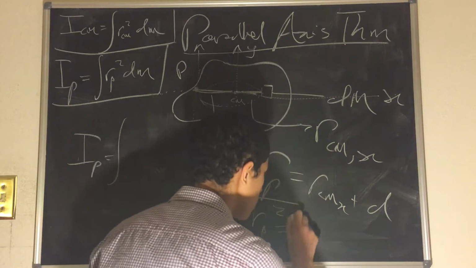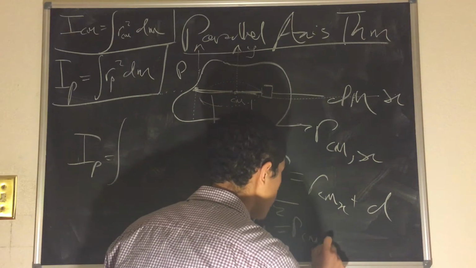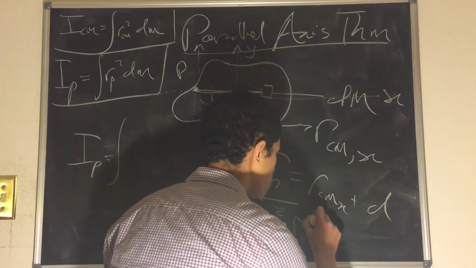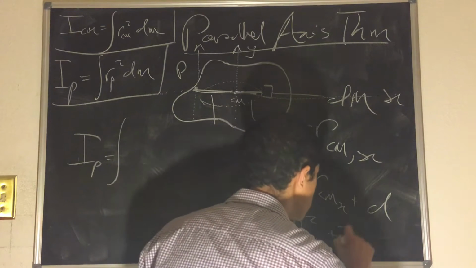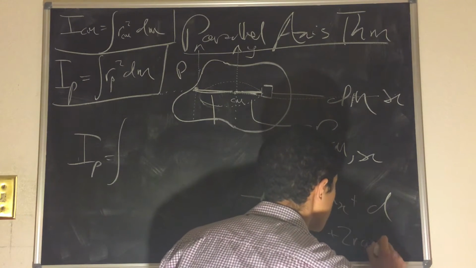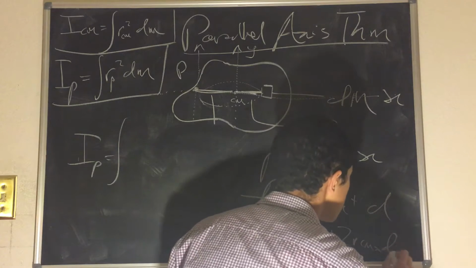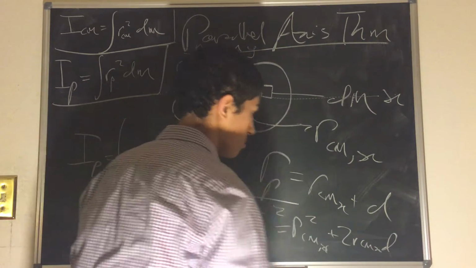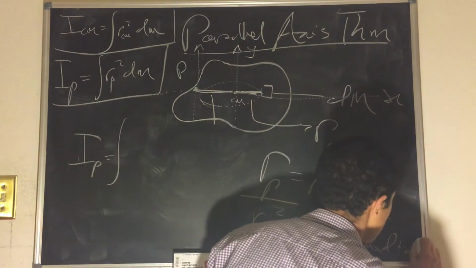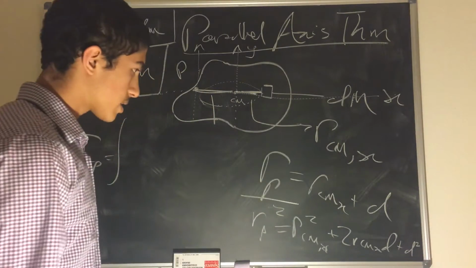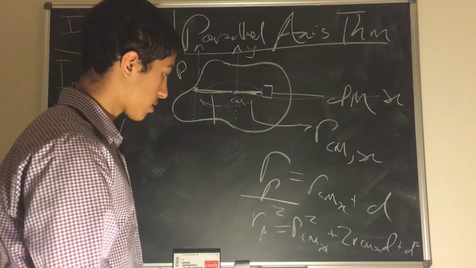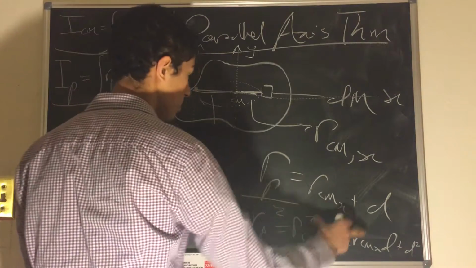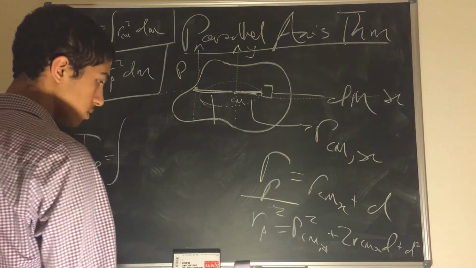Then I_P is given by the integral of r_P squared. Let's write out r_P squared really quickly: r_P squared is equal to r_CM,x squared plus 2 r_CM,x d plus d squared. Yes, this is just the expansion of (a plus b) squared. Wonderful.